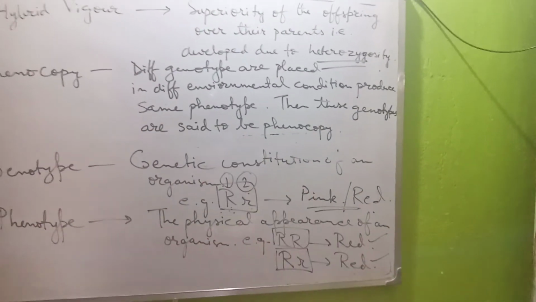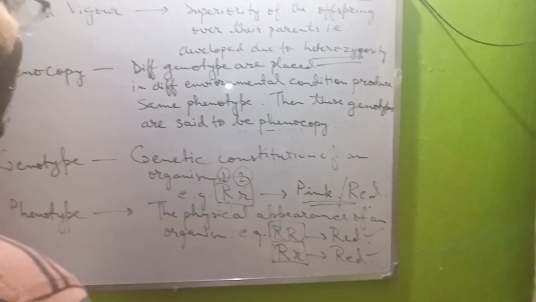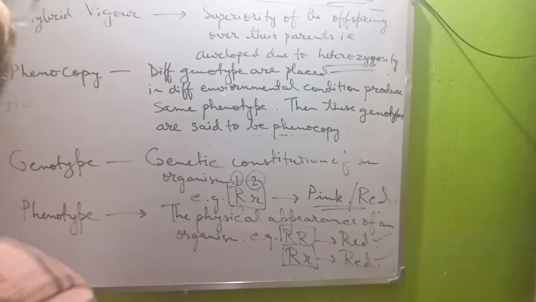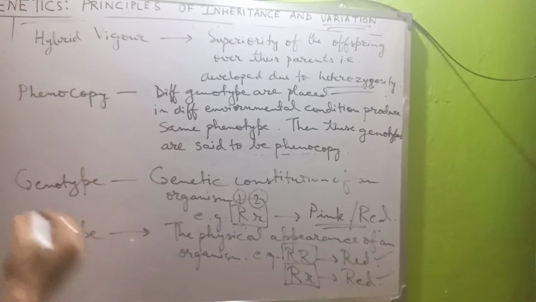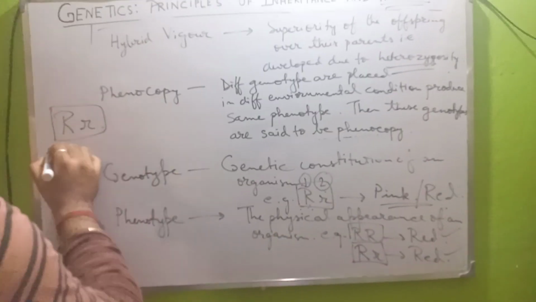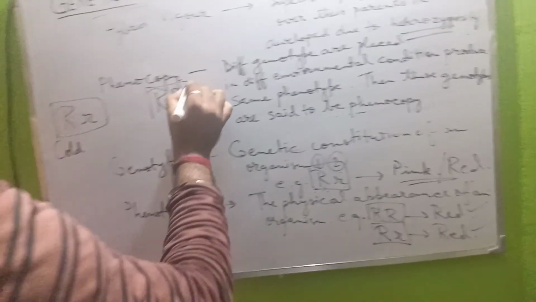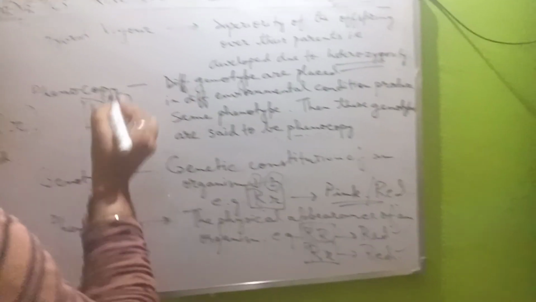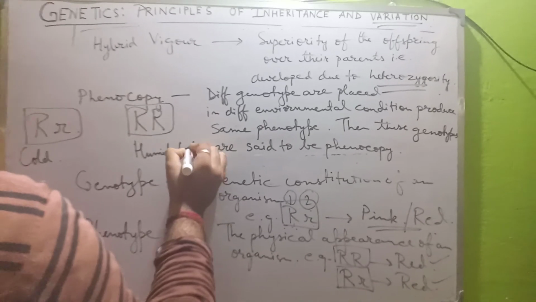but the phenotype that I am getting from them, both are having the same phenotype, but both of their genotypes are different. I am taking two plants, one having capital R and small r genotype, and I have placed it in a cold condition, and another one I have taken with capital R and I have placed it in a humid and hot climate.